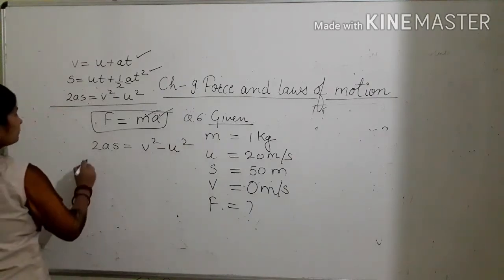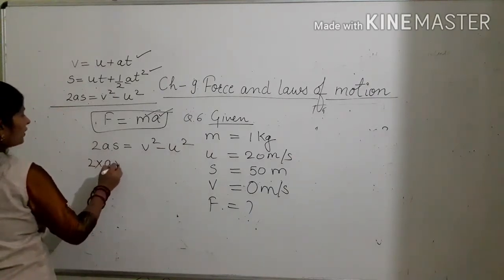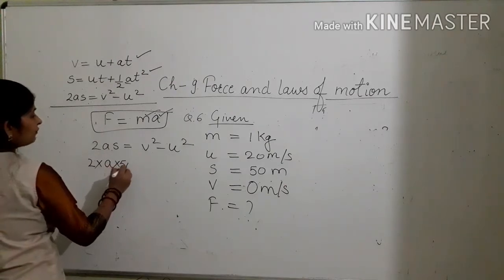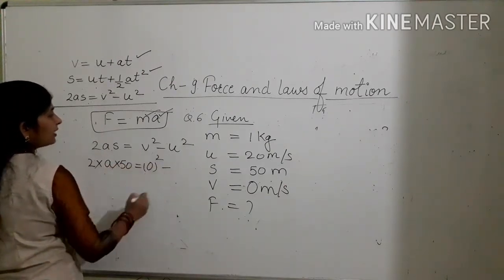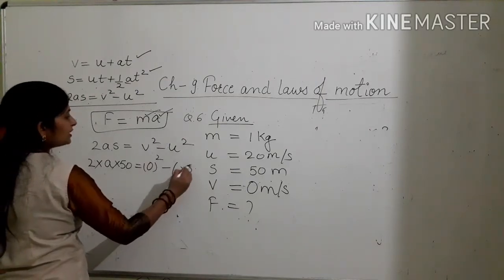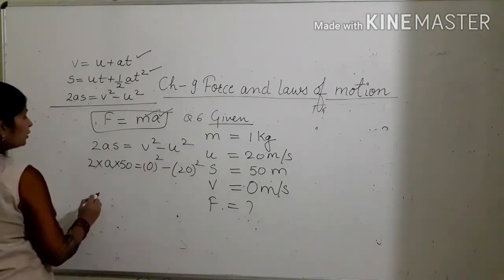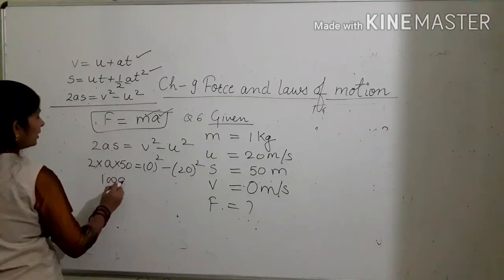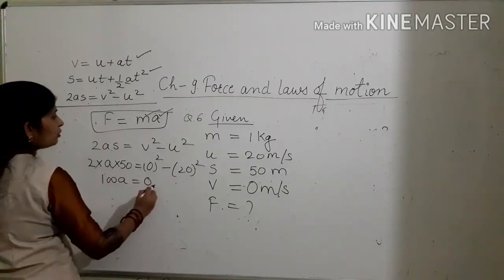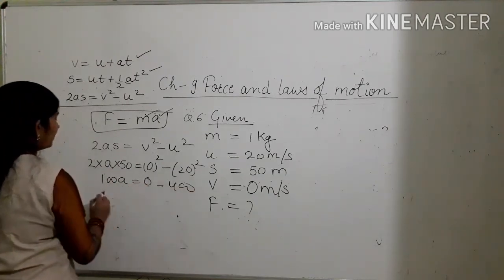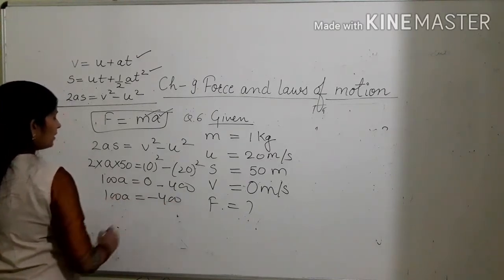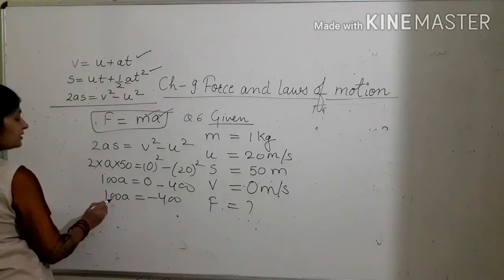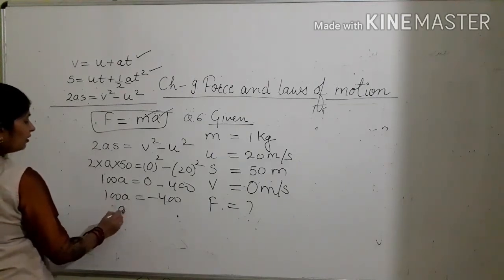for finding out a. 2 into a, and s is 50, is equal to v², 0 square, minus u², 20 square. 2 into a, 2a into 50, 100a is equal to 0 minus 20 square, 400. 100a is equal to 0 minus 400, minus 400. 100 is getting multiplied by a.